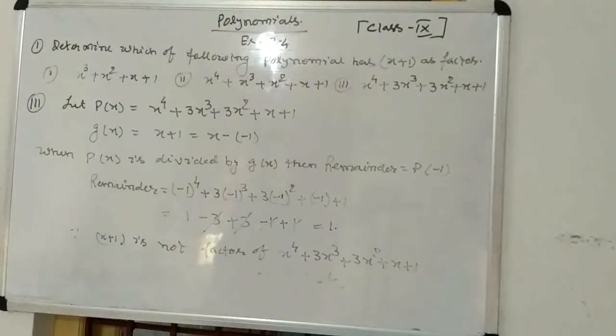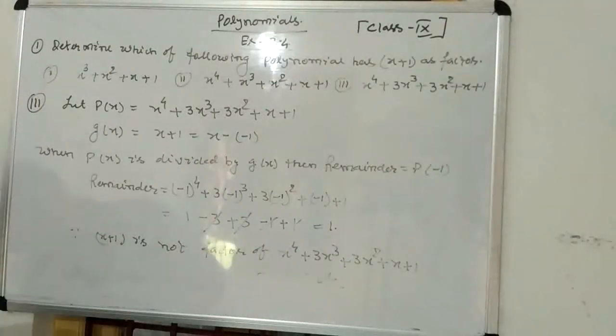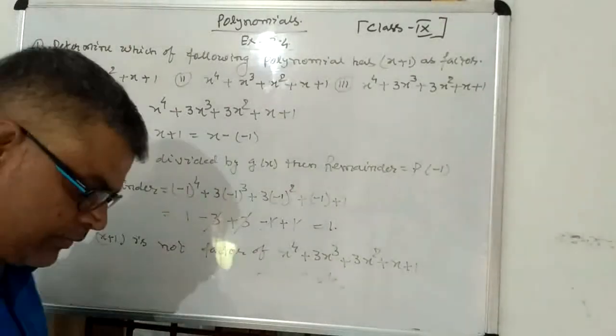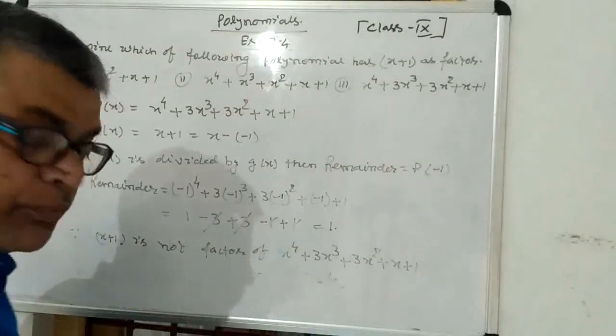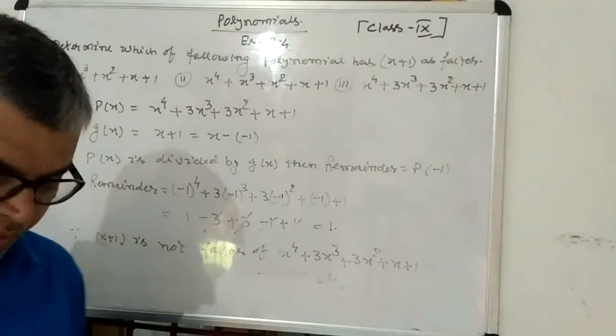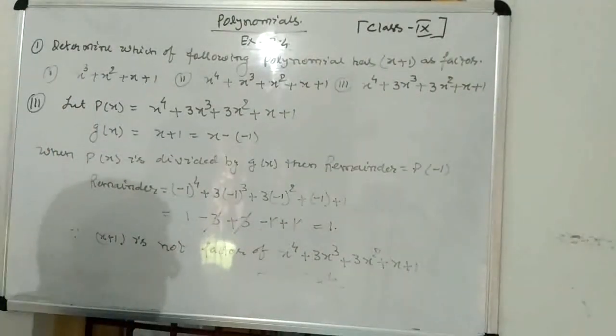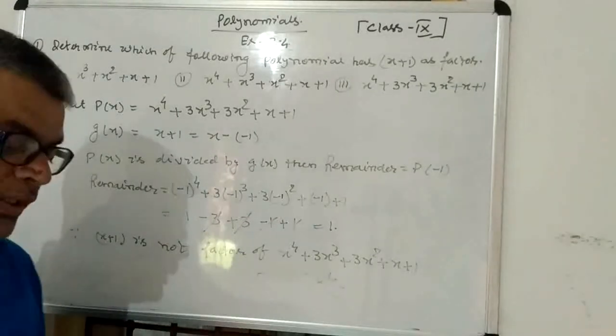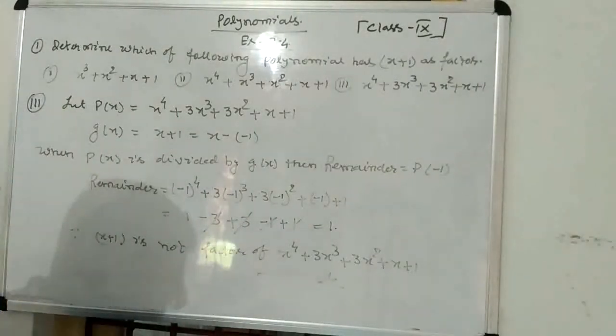So by this method you can solve the following. You just have to apply the remainder theorem, and after application of the remainder theorem you have to see whether the remainder is 0 or not.